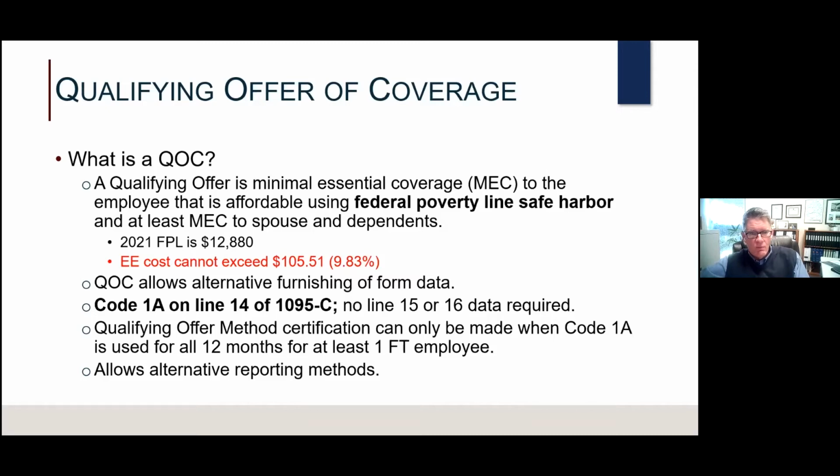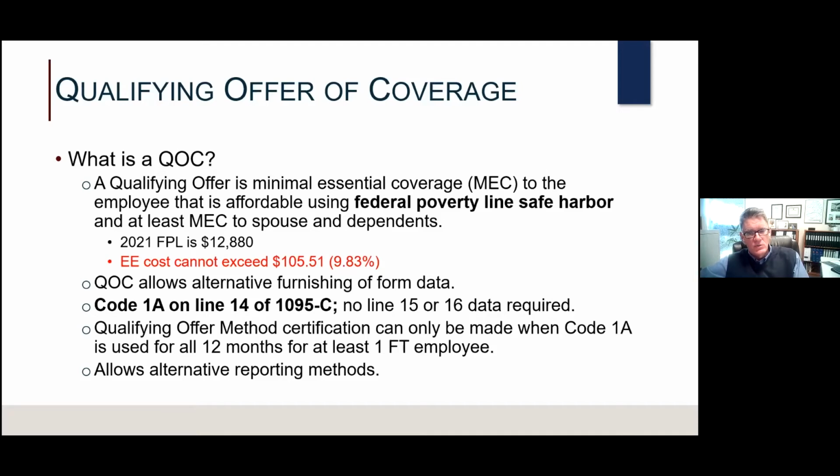For 2021, the Fed poverty level was $12,880, and 9.83% of that on a monthly basis is $105.51. So if your offer of coverage meets MEC standards, is offered to the spouse and dependents, and is below that $105.51, you are making a qualifying offer of coverage.